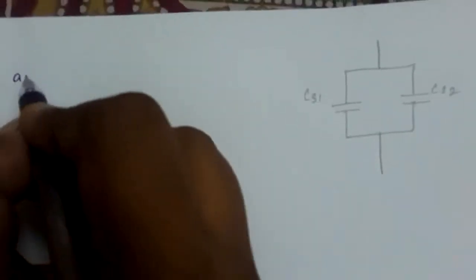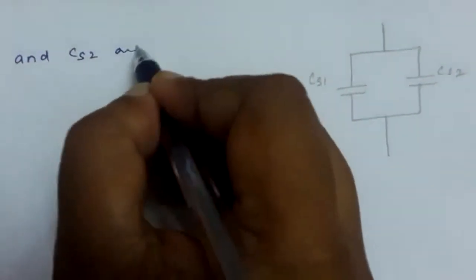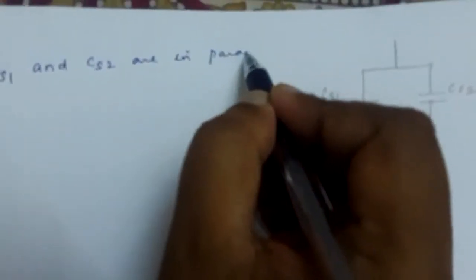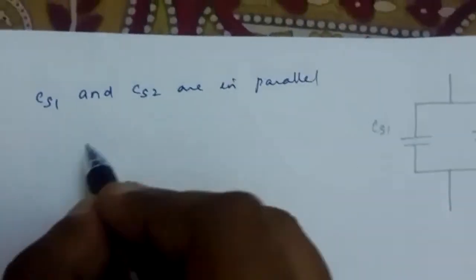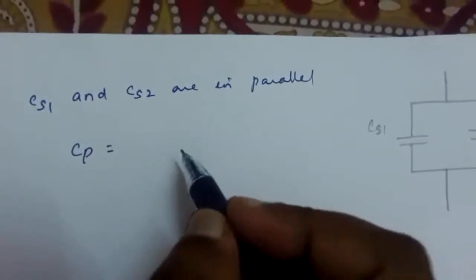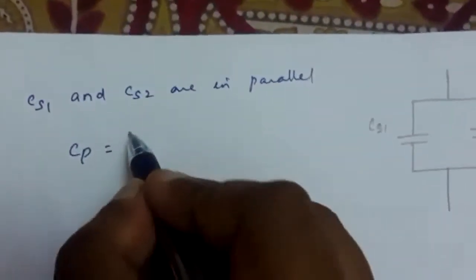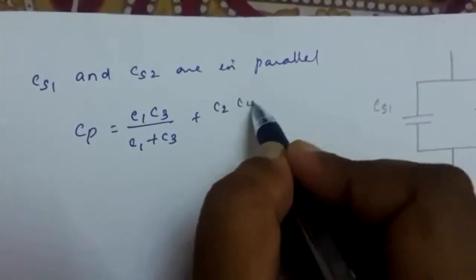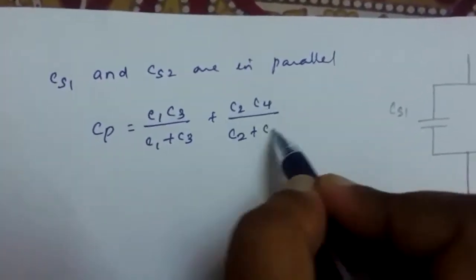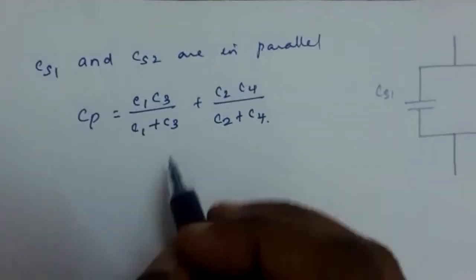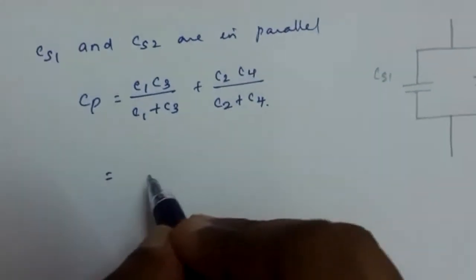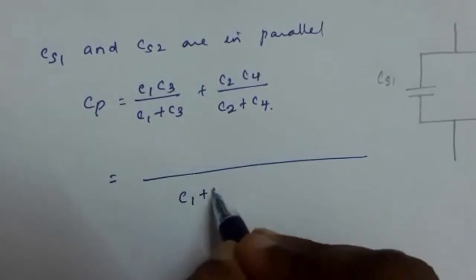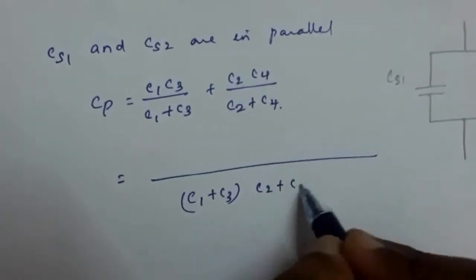Now the equivalent diagram is this. Now we can write CS1 and CS2 are in parallel. So we can write your equivalent capacitance as Cp is equal to, what is your CS1? C1 C3 by C1 plus C3. Here it is C2 C4 by C2 plus C4. Now taking LCM, what will you get here? Here it is C1 plus C3 into C2 plus C4.